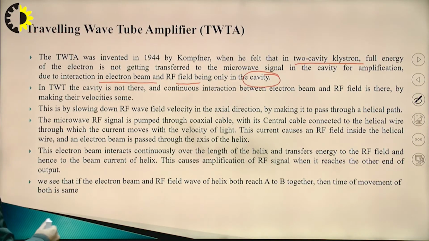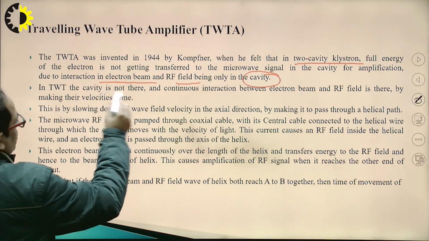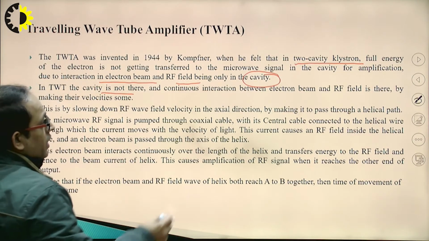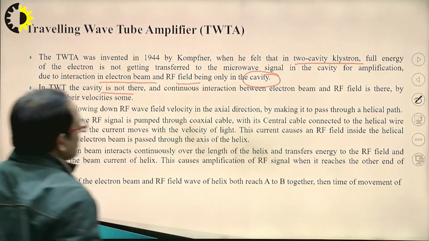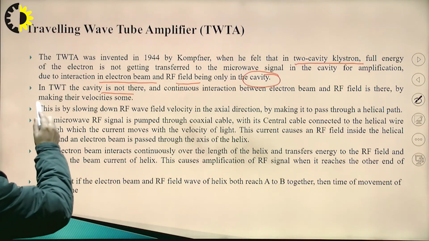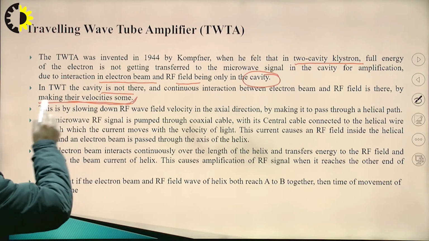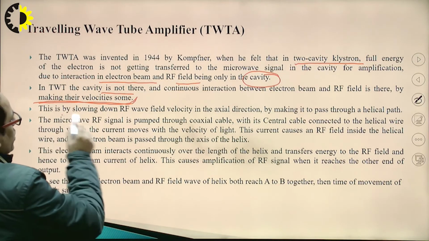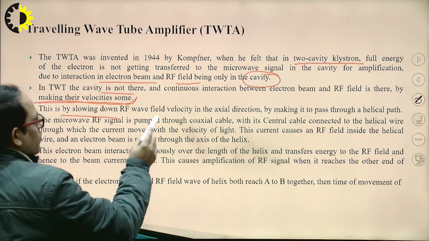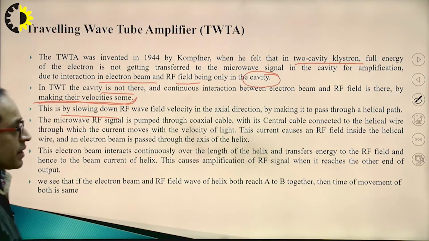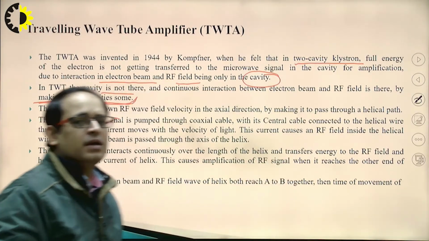Clear? So in TWT the cavity is not there, and there is a continuous interaction between the electron beam and the RF field, so that the maximum amplification will be done, by making their velocities vary. Clear? This is done by slowing down the RF wave field in the exit direction by making it pass through the helical path.